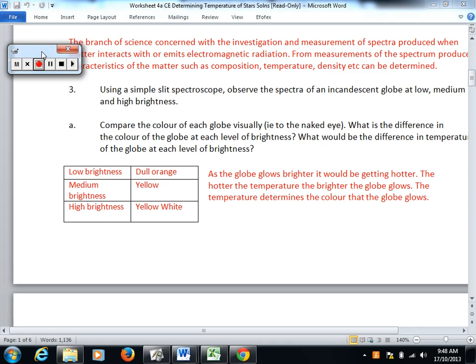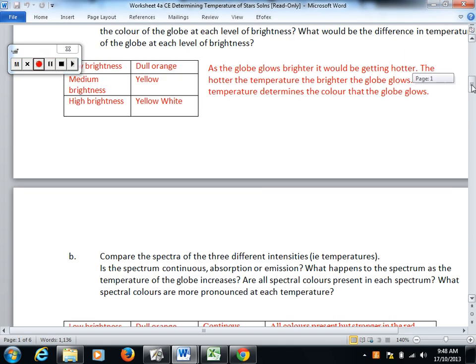If you have a low brightness, firstly the colour is a dull orange, then it became yellow, then yellow-white. Those were the colours that we decided. And as the globe got hotter, it got brighter. Okay? So that's the first thing that we notice about it.